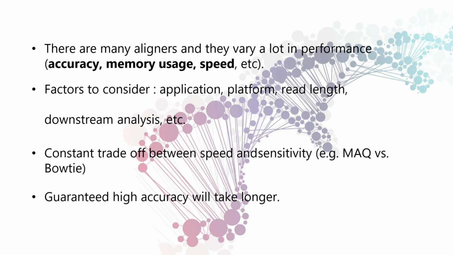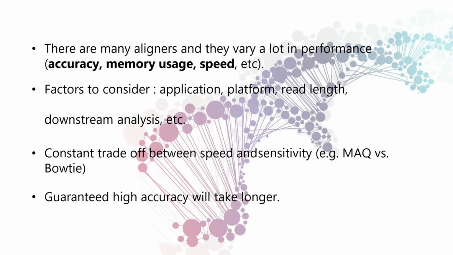So there is a lot of trade-off between your speed and your accuracy. If you want accuracy, you have to go with less speed. And if your data is not that accurate and you don't know that data, you have to go with all that. The guarantee is that higher accuracy will take a lot of time to process.